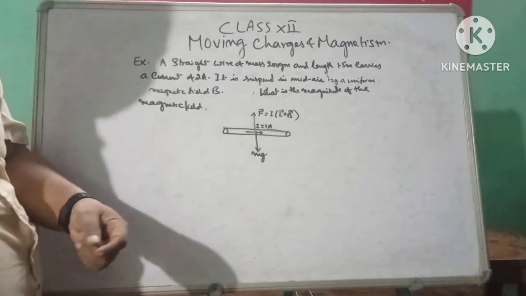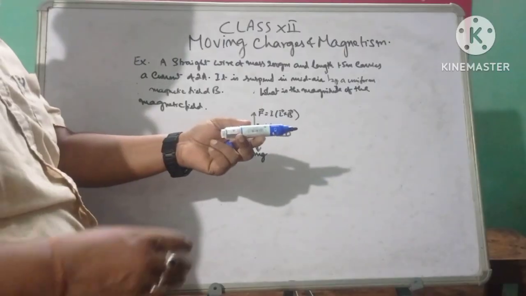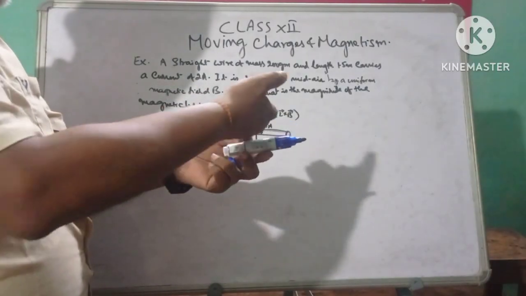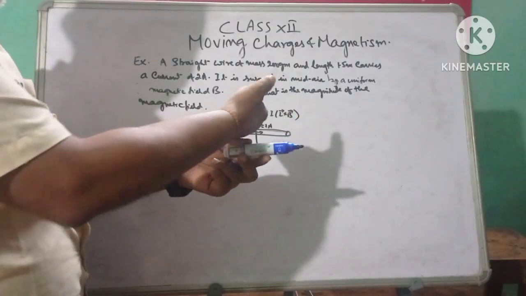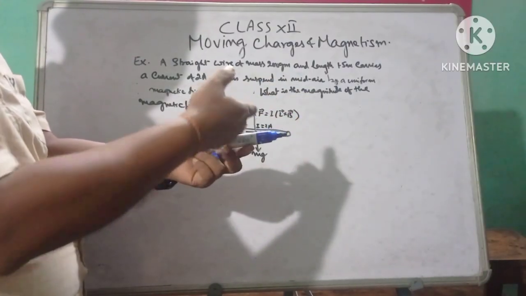You see that, here this is your conductor, and your magnetic field must be in this direction, horizontally in this direction.